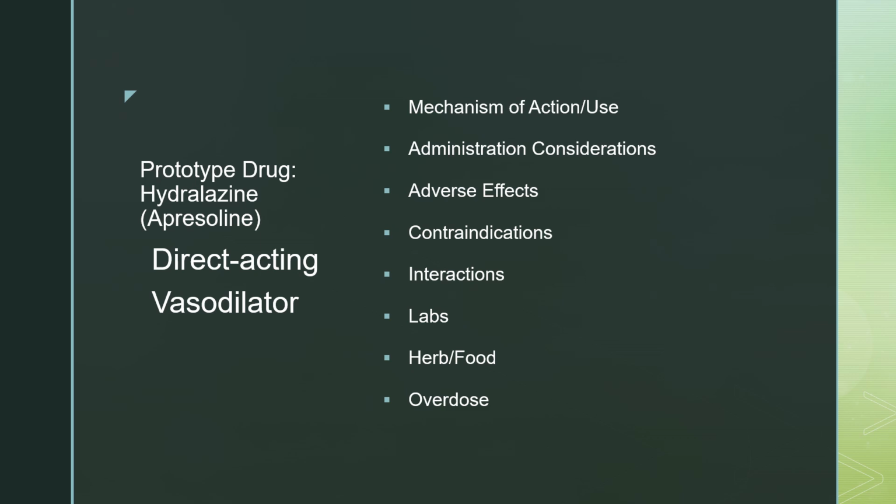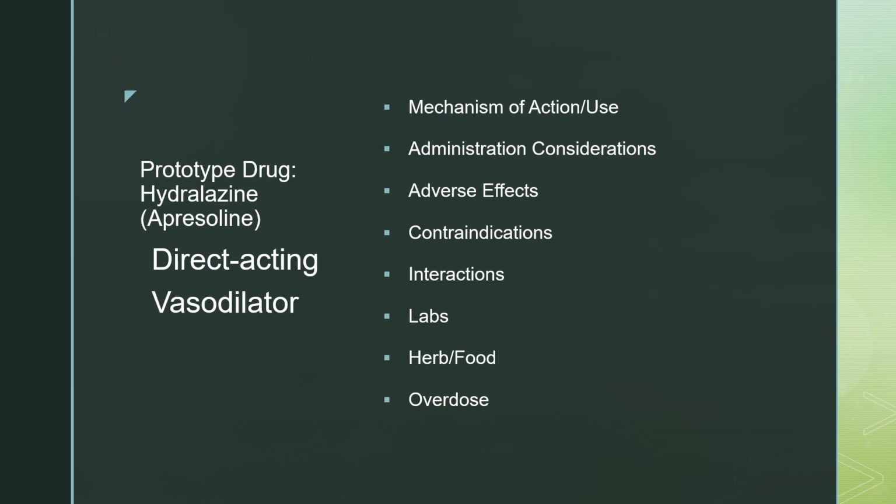However, after time, clients can develop a tolerance to the drug, and then dosages will have to be adjusted again. This medication has pretty much been replaced by other antihypertensives, mainly due to safety concerns. However, this is primarily used in the treatment of hypertensive emergencies.